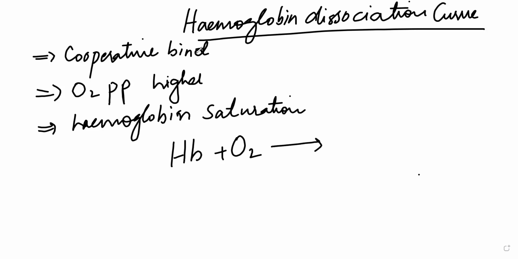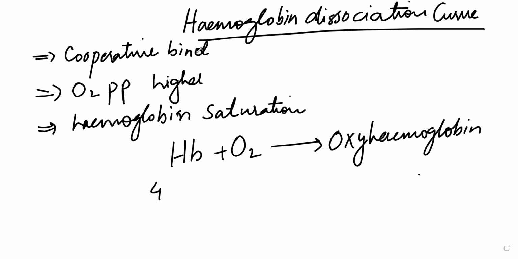And it will form a temporary compound that is called oxyhemoglobin, right? And I told you that one hemoglobin molecule has four heme groups. So we can say that four molecules of oxygen can bind to each hemoglobin molecule.